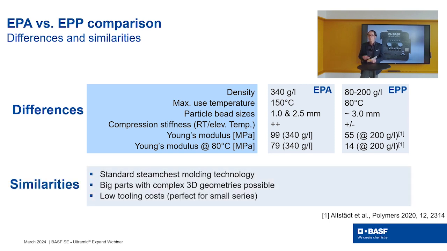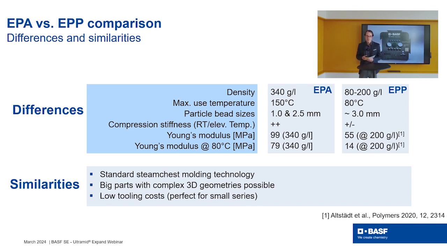Let's talk a little bit about the similarities. One very important similarity is that you can use exactly the same processing technology for Ultramid Expand that you would also use for EPP. So you can go on a standard steam chest molding machine which you use for EPP, even take the same aluminium mold and process Ultramid Expand on these machines.